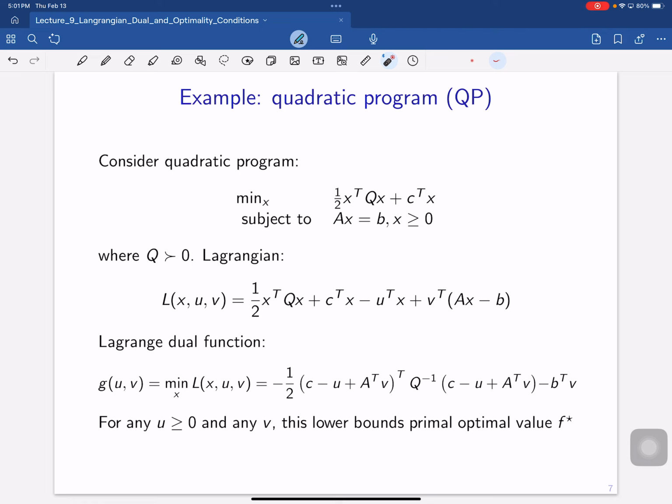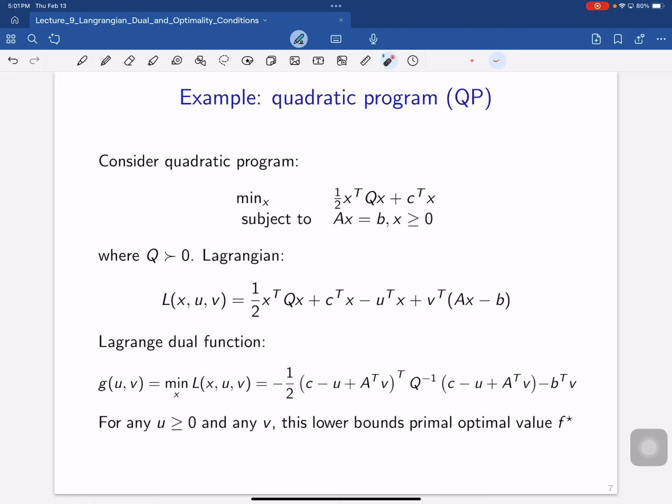I know that this is a strongly convex function. What is a necessary and sufficient condition to get the optimum of a strongly convex function? The Hessian is already positive definite. But then how do you get the minimum of a function like this? Well, you set the gradient to 0.